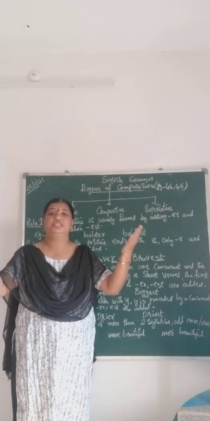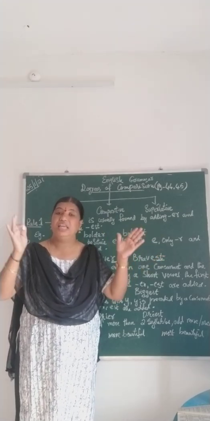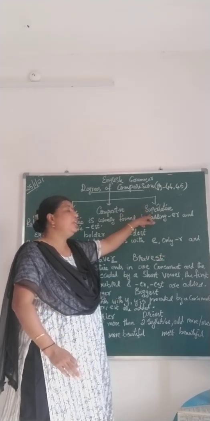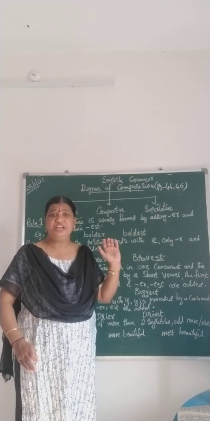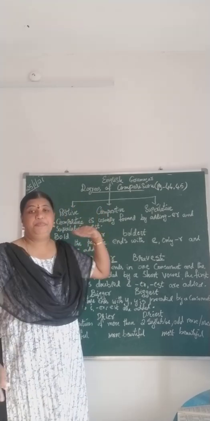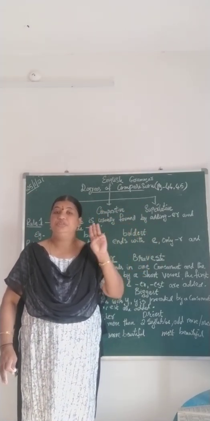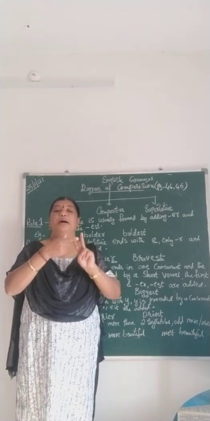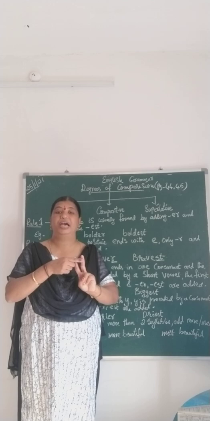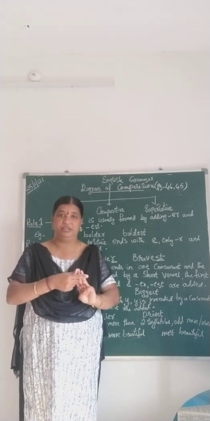Superlative is very large, the comparison is done to a very huge extent, then we call it superlative degree of comparison. Right, children? I repeat once again, degrees of comparison is divided into three types: positive, comparative, and superlative degree of comparison.